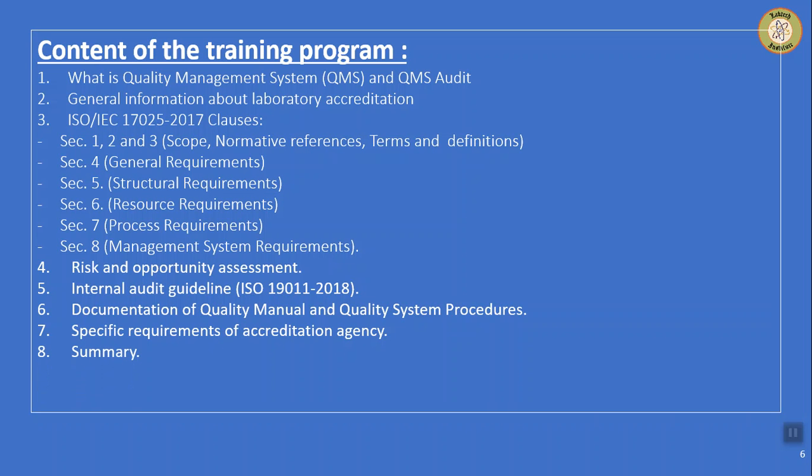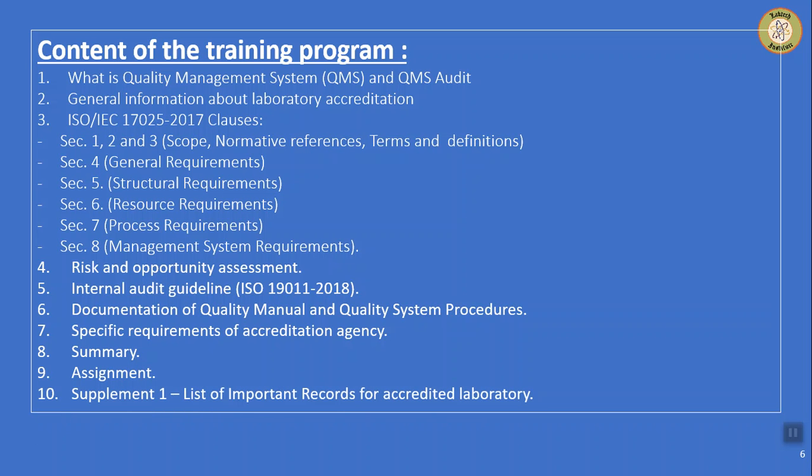Then there is a summary where all the sections, basically the summary is once again reproduced, so that you can recap your knowledge gained through this training program. And there is the assignment, how to complete the assignment, that methodology is described.